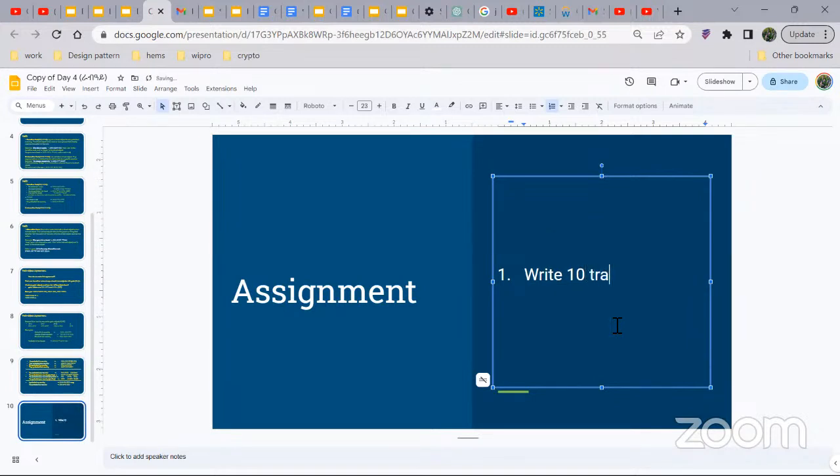Ten transitive and ten. I don't recommend you change it, you can, but I don't recommend it, because you need to learn many words.